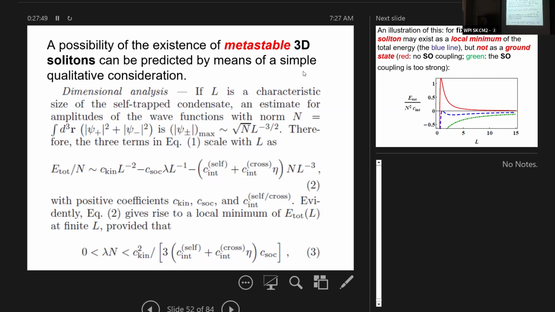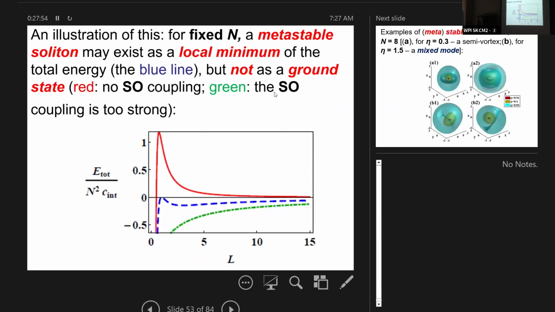So this crude analysis qualitatively produces the following crude result, shown here. When we have no spin-orbit coupling, we have this, and this is energy versus the size L. We have no minimum of energy. We have only the maximum. The maximum simply corresponds to the very strongly unstable usual three-dimensional soliton, which of course is produced by the nonlinear Schrodinger equation in 3 dimensions, but it is terribly unstable against the supercritical collapse.